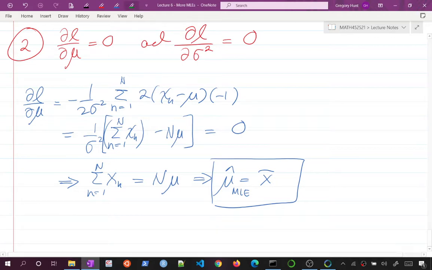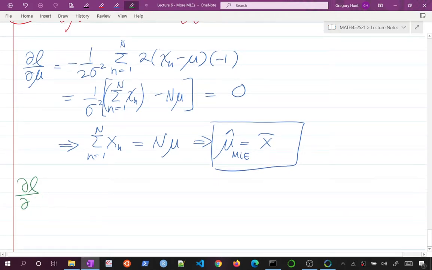The second thing we need to do is look at dl d sigma squared. Now, I'm just going to rename sigma squared as tau, because I don't like writing this, and it makes me nervous because I get confused. So it's the first derivative with respect to, let's call it tau.